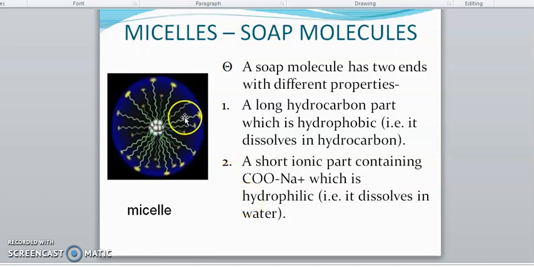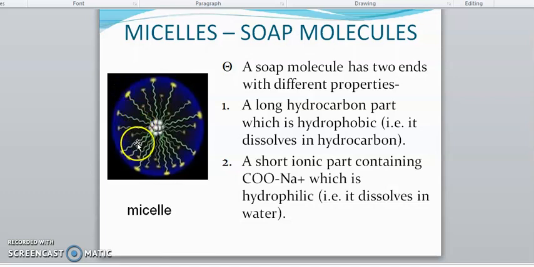So this is a typical soap molecule, and all these are typical soap molecules. In this soap molecule, the hydrophobic hydrocarbon part will point inwards, while the ionic part, that is the carboxylic or hydrophilic part, will point outwards.